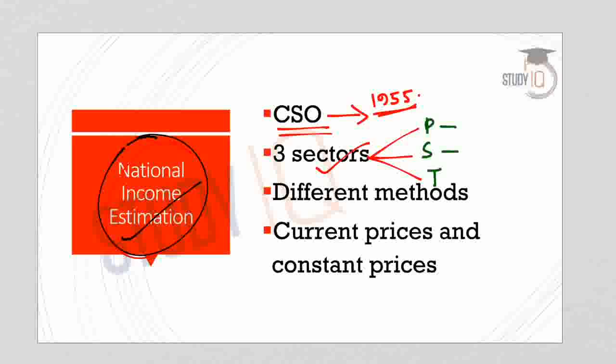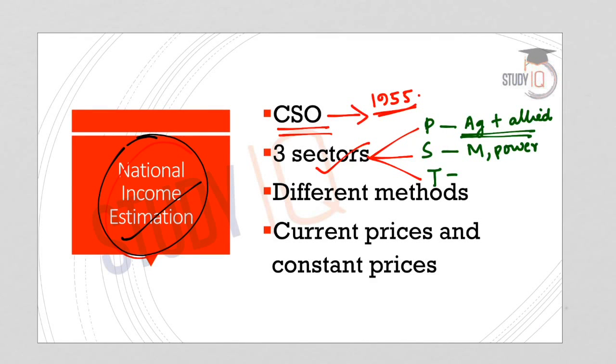Now briefly about these three sectors. The first one, primary sector, comprises agriculture and allied services. So it includes forestry, fishing, mining, quarrying, etc. Now coming to the secondary sector, it comprises manufacturing, power generation, gas, water supply, etc. And the third sector, or the tertiary sector, is also known as the services sector.